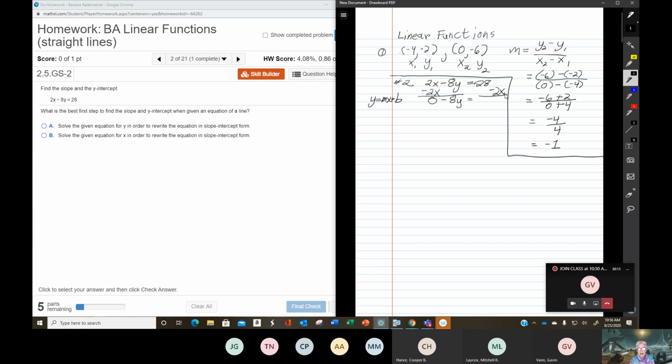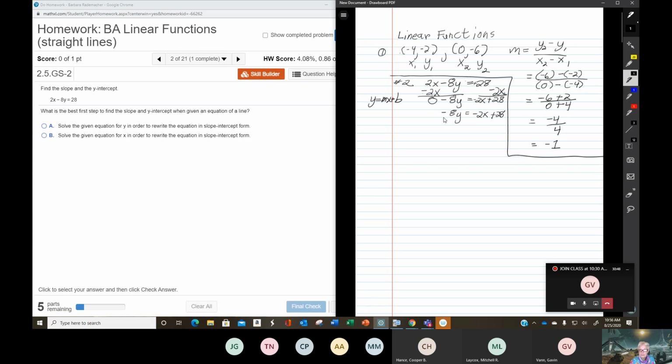This is negative 2x. In order to have this in slope-intercept form, I have to have the x term first. So I'm going to take the x term, negative 2x, and then put the constant term, plus 28. So what I'll have is negative 8y equals negative 2x plus 28.